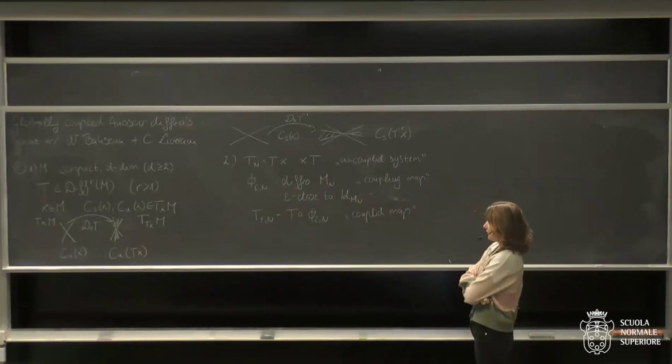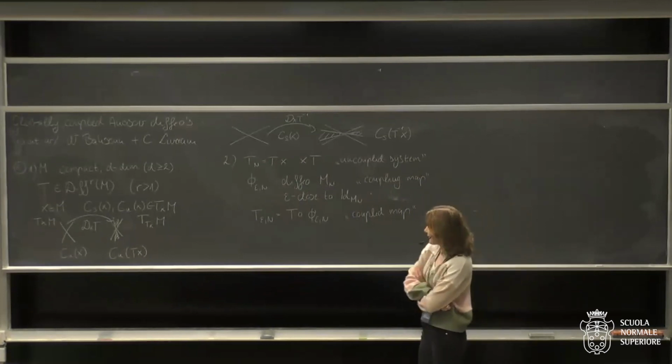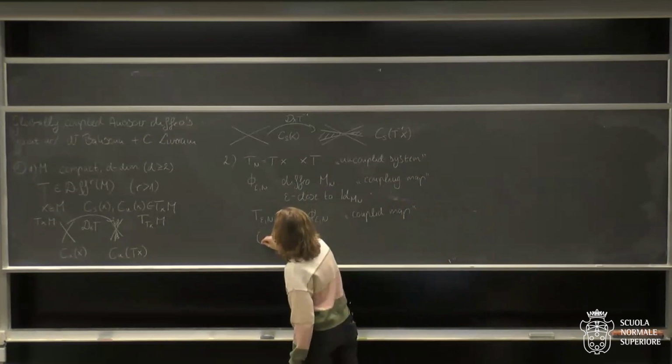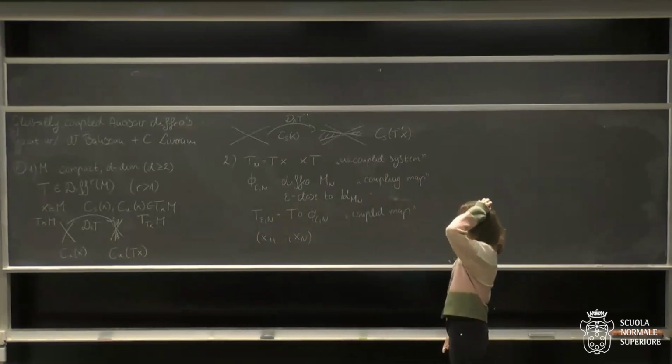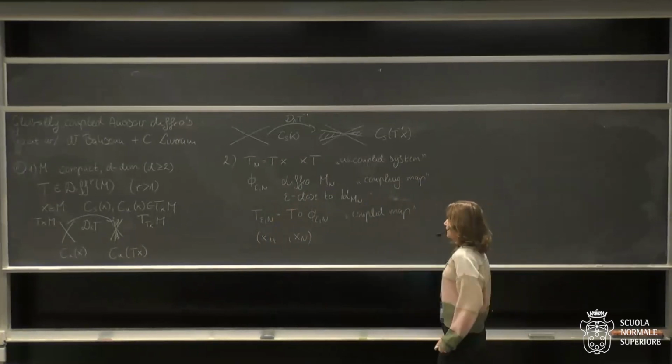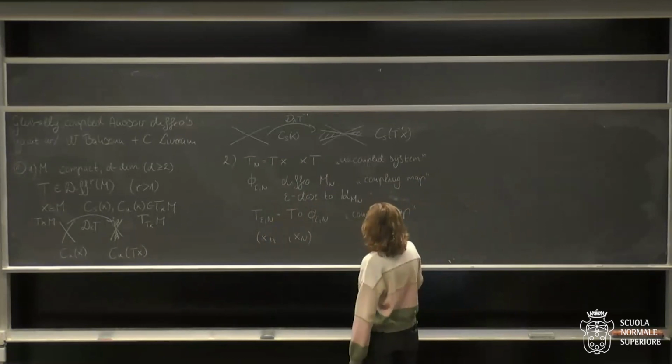So this gives me a dynamical system on the product manifold. I can represent the state of this system with a vector, for example. This is the most natural way to represent it. But equivalently, I can represent it with the so-called empirical measure.